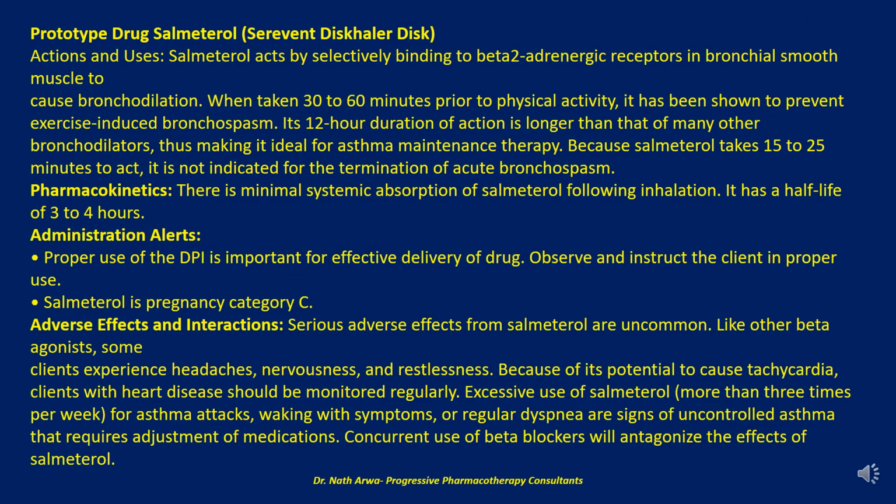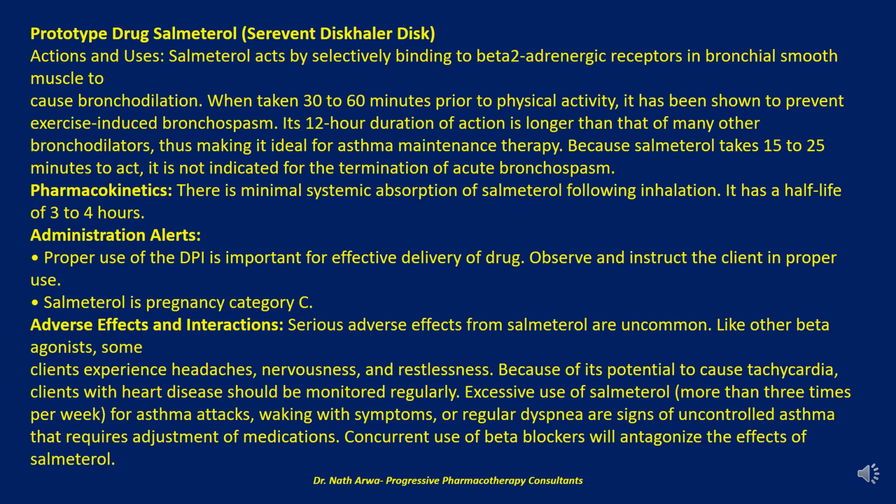Next we will discuss a prototype drug, salmeterol, marketed as Serevent Diskus. Regarding its actions and uses, salmeterol acts by selectively binding to beta-2 adrenergic receptors in bronchial smooth muscle to cause bronchodilation. When taken 30 to 60 minutes prior to physical activity, it has been shown to prevent exercise-induced bronchospasm.